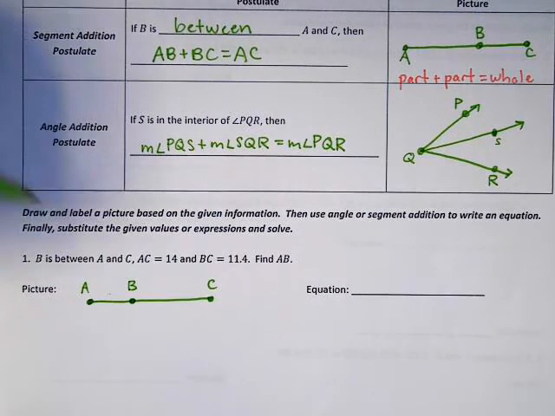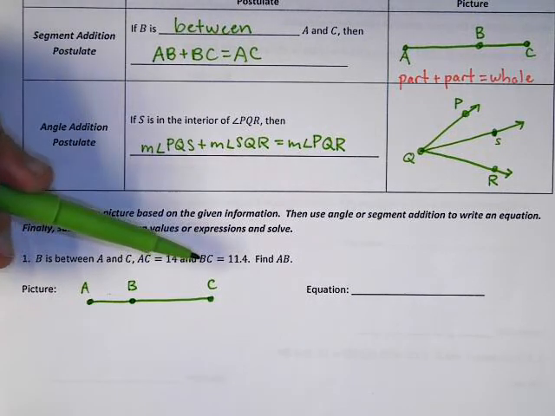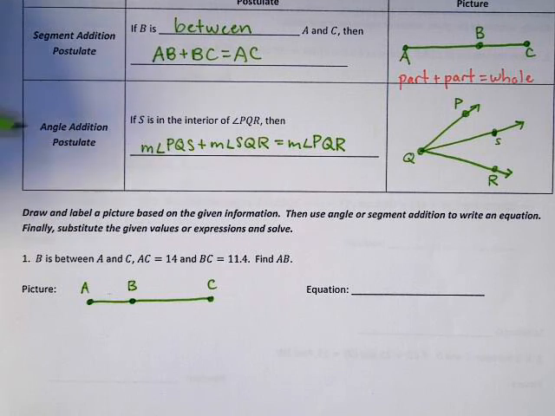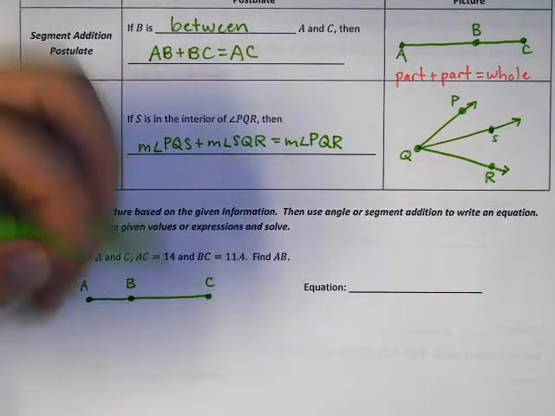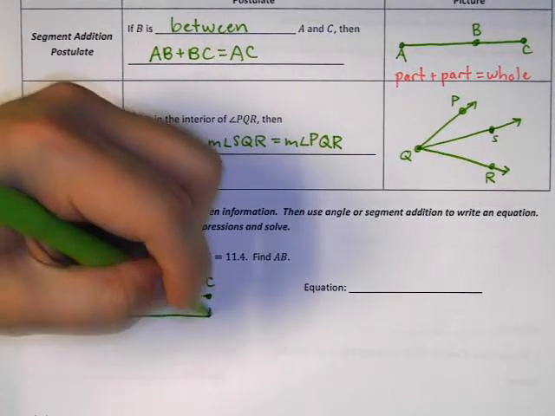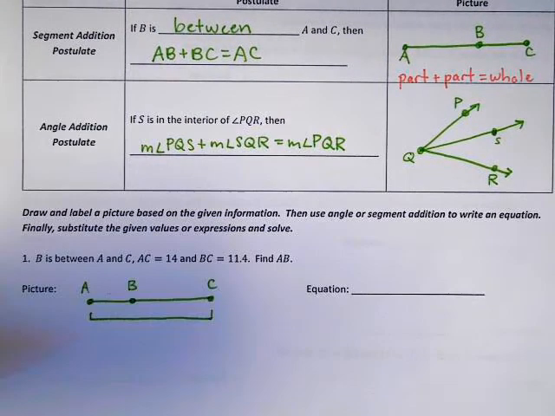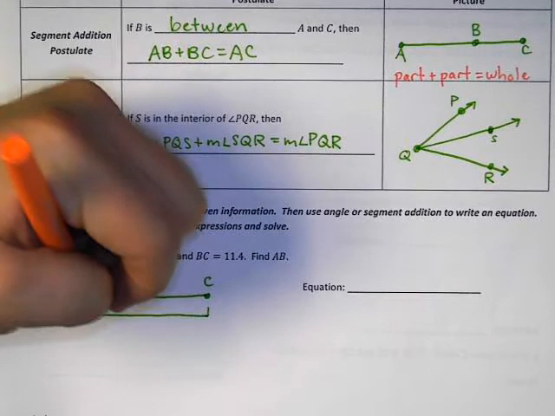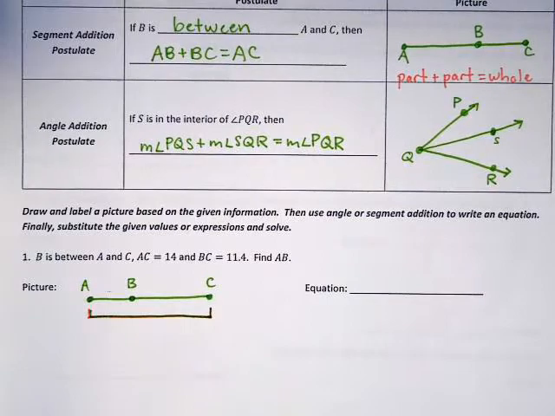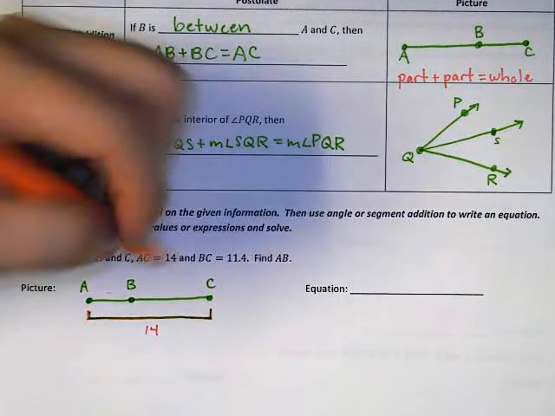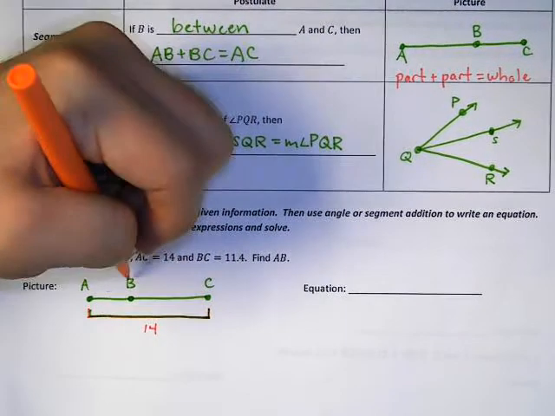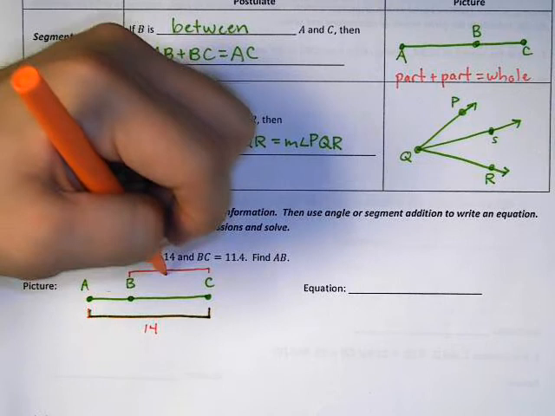But then what do we notice? We're actually giving you some values now, guys. We need to list those as well. From A all the way to C has a length of 14. And the length from B to C is 11.4.